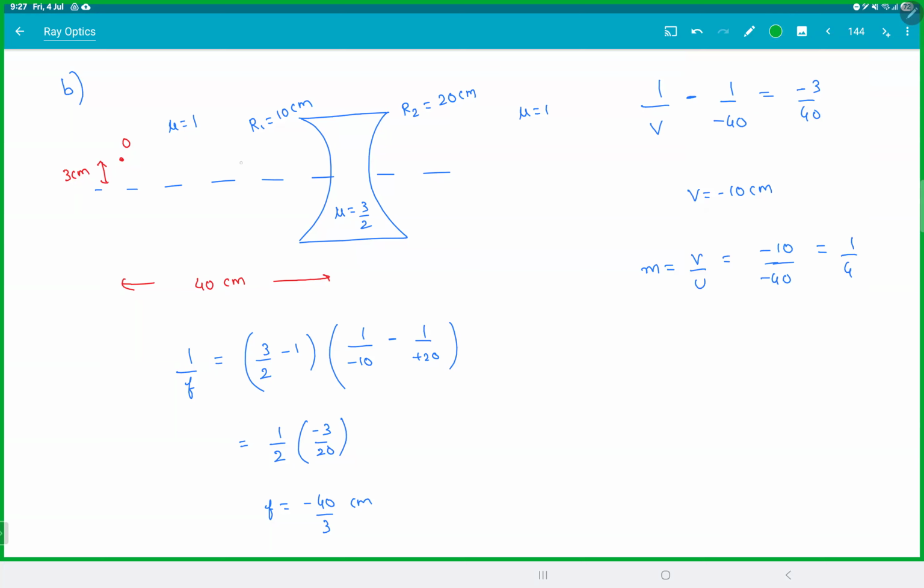So the image is 3 by 4 centimeter, 10 centimeters behind. It's virtual. Yeah, it looks like most of you got it. All got this? Easy stuff, direct substitution. There's nothing much to think. Let's see one more.